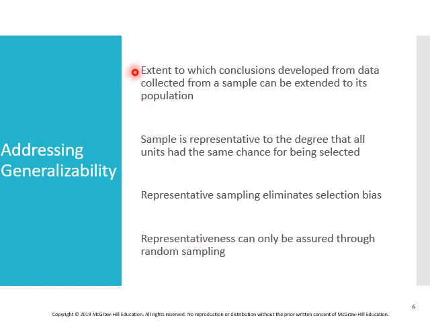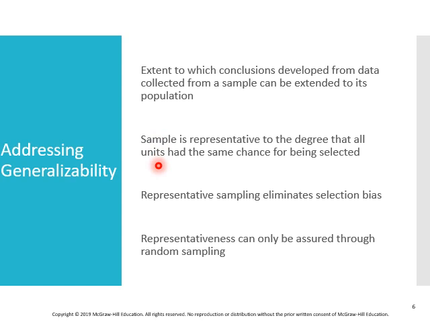Representative samples, again, back to what we have talked about previously. If the sample is representative, then the findings or the conclusions that the researcher is able to make can then be extended to the general population, or generalizable to the population that the participants come from.